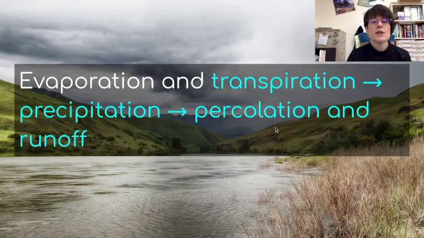And there is percolation. Percolation is where the water is absorbed into the ground, and that can become groundwater. And runoff, like we just talked about, it runs off the land because not all of it can be absorbed. It depends on how dry the land is, what is on the land, how much gets absorbed into the ground.